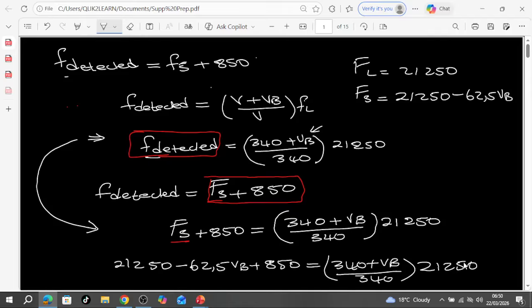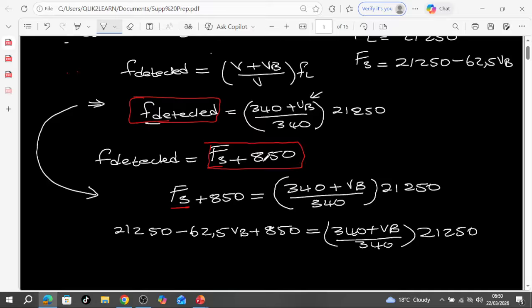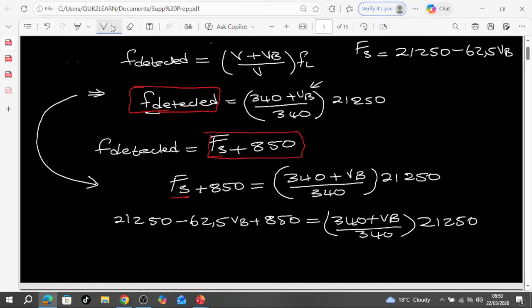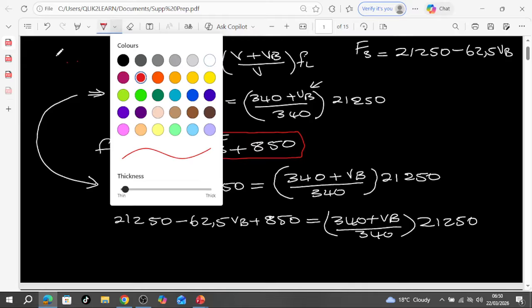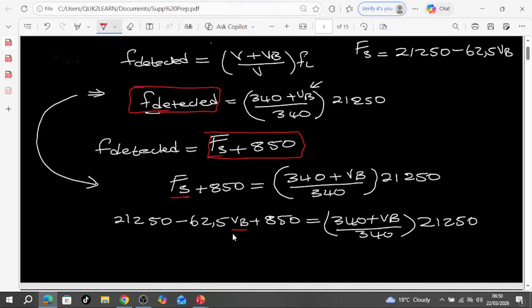I'm busy laughing because now that we are on this step, there's only VB in the equation. We just have to use algebra. I know that someone watching this lesson is like, you know what, sir, I got this, I can take it from here. Okay, guys, it's not easy to get here.